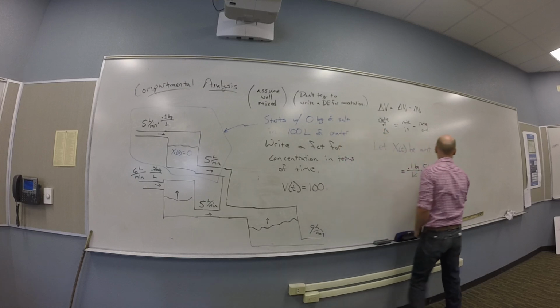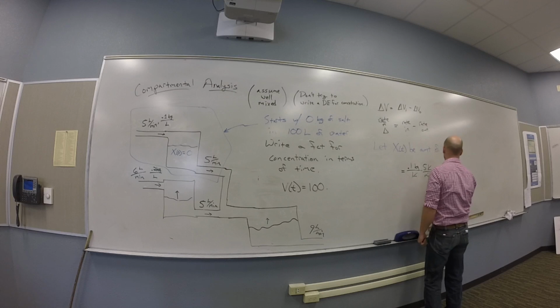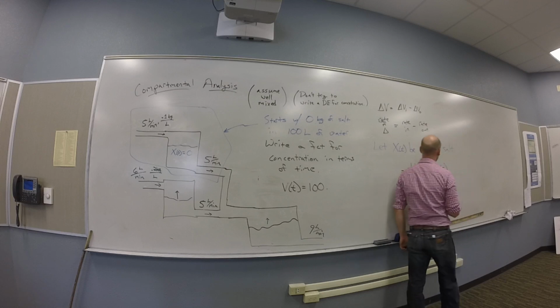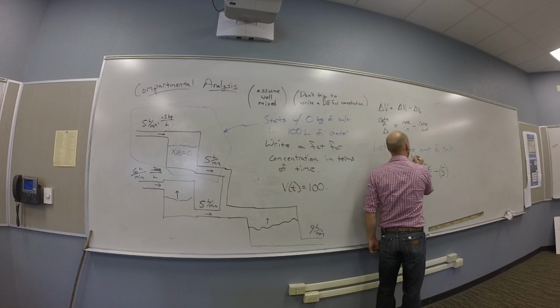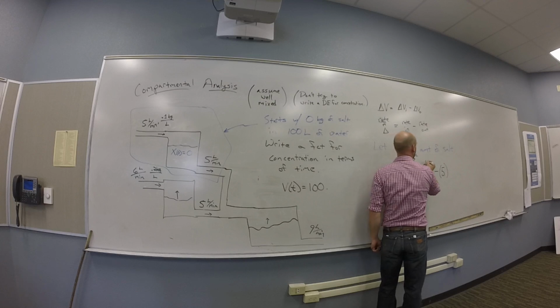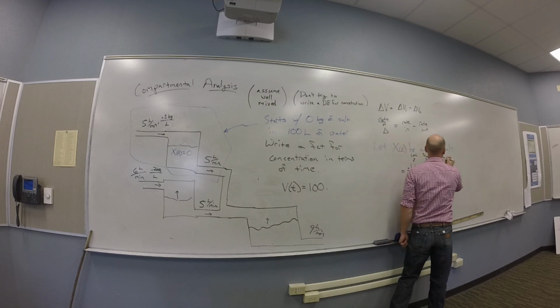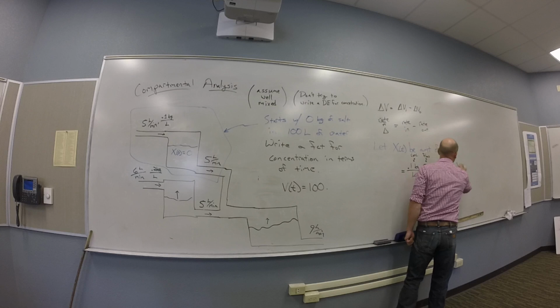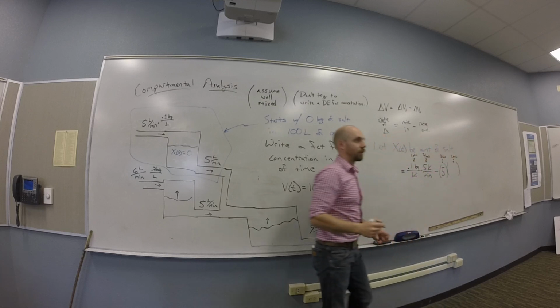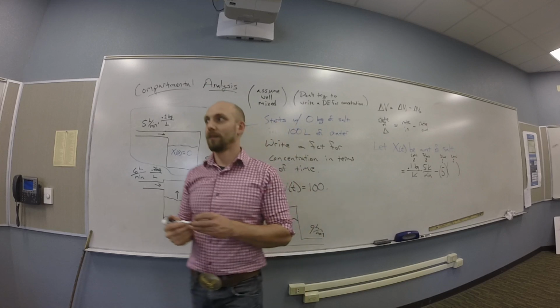So definitely the flow rate is 5, right? Yeah. And all of these are going to be a concentration times a flow. This one's a flow, and this should be a concentration.